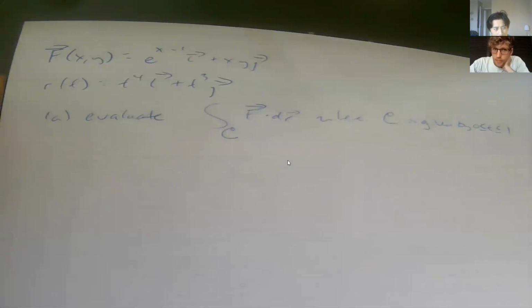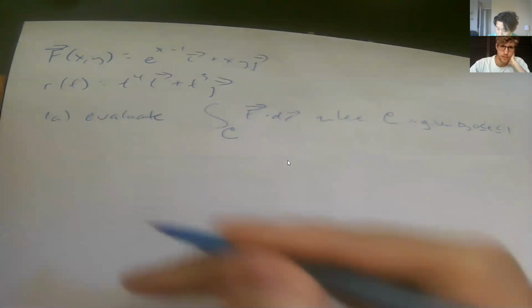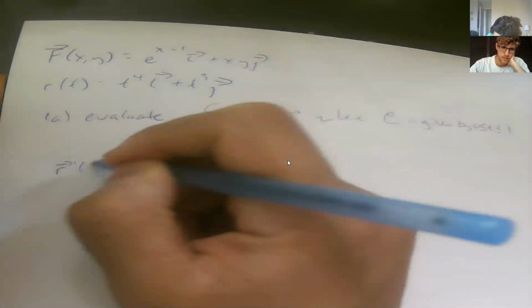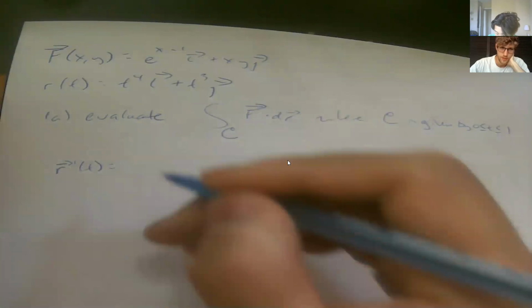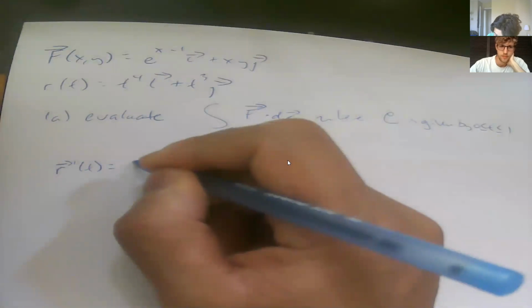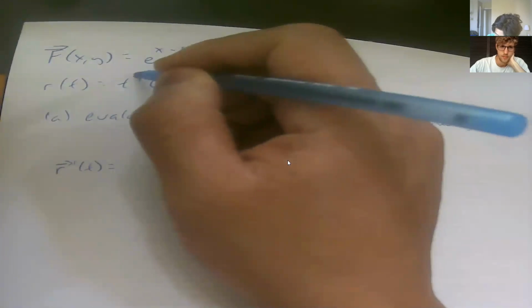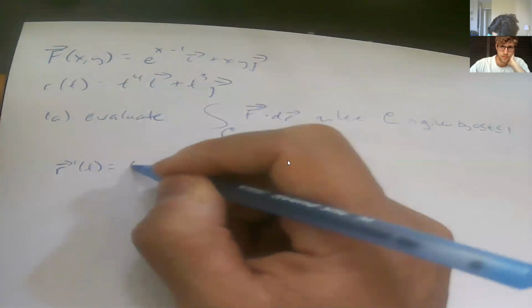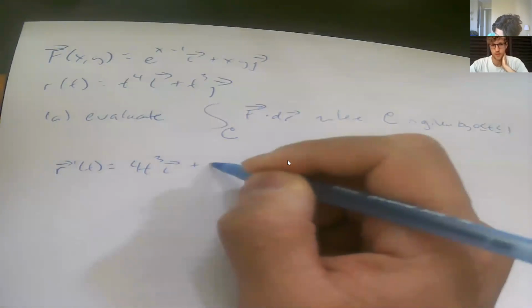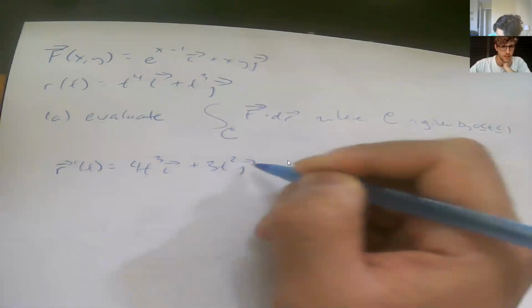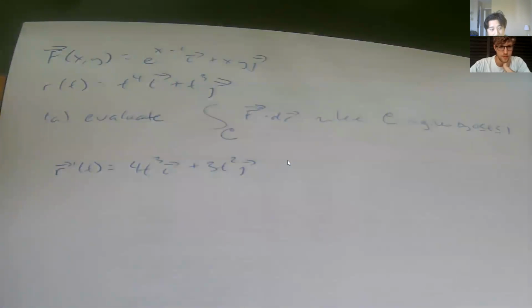I found r prime of t. r prime of t is, are you asking? Yes. Oh, 4t cubed plus 3t squared. That's r prime of t.